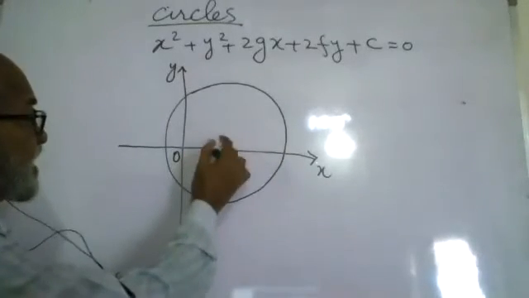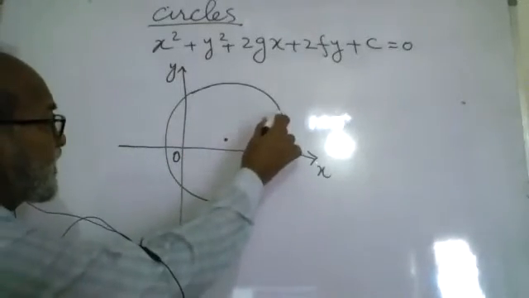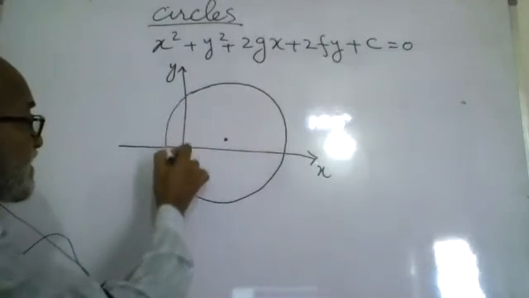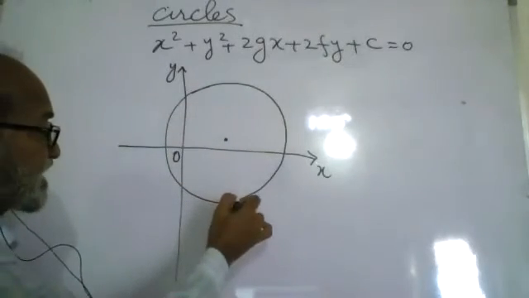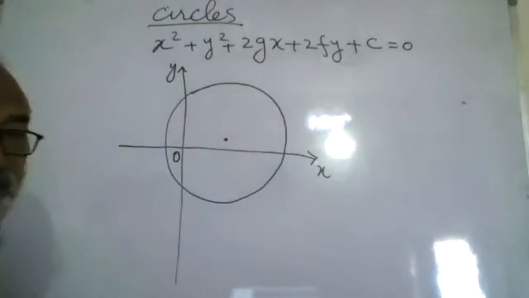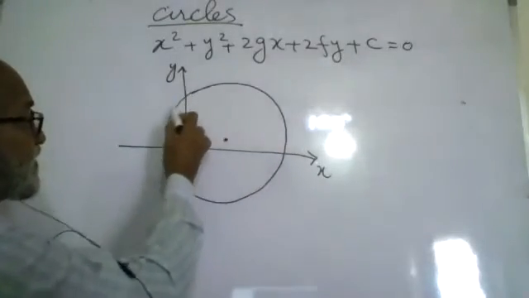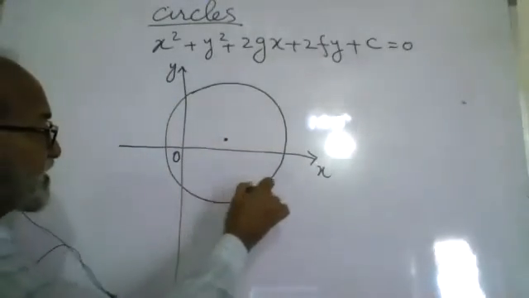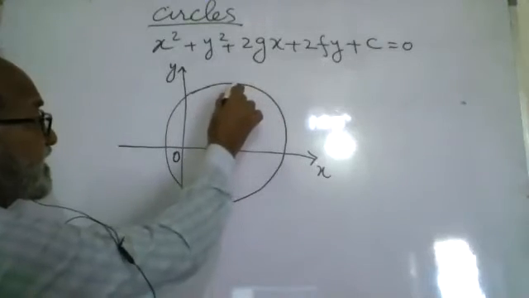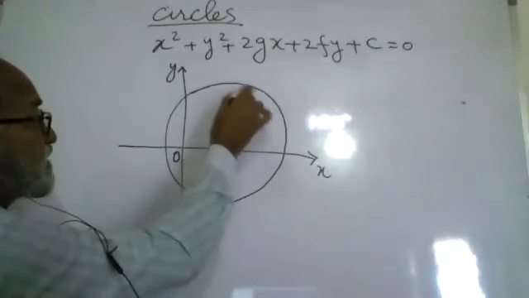This is the fixed point. This is the locus. The path traced by a point is called the locus. The point is moving from here up to here in this way, that is moving in such a way that the distance from the fixed point is always the same.